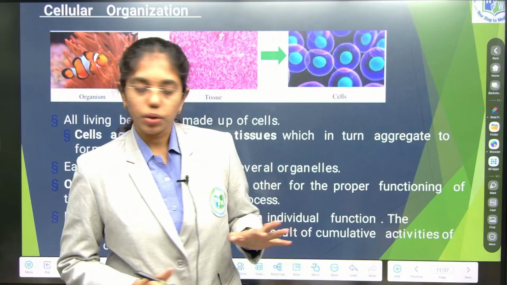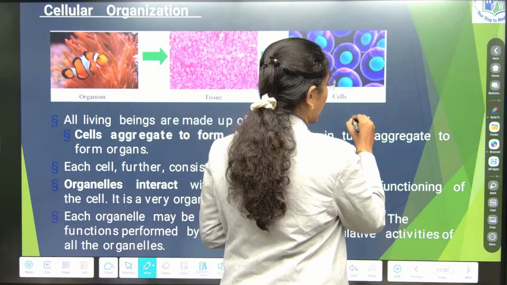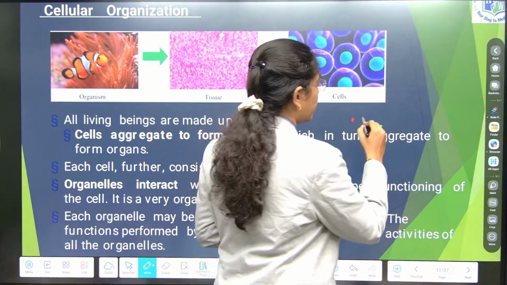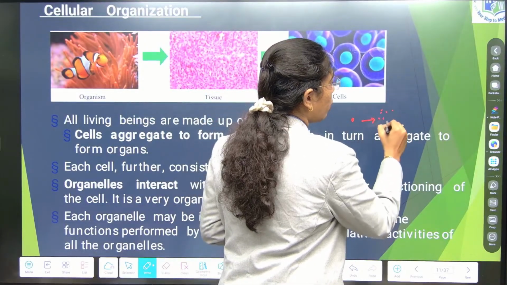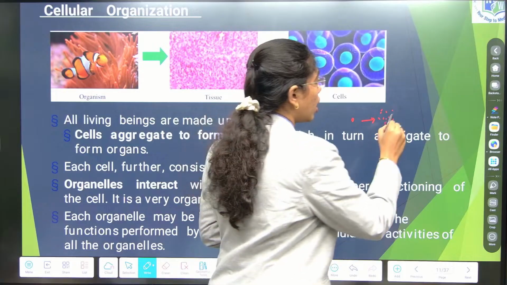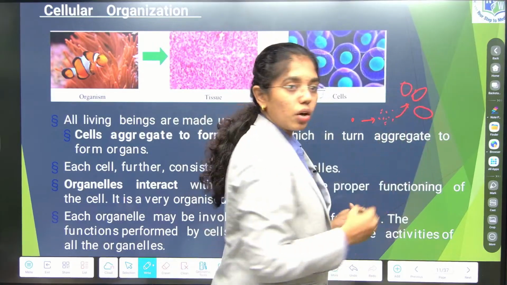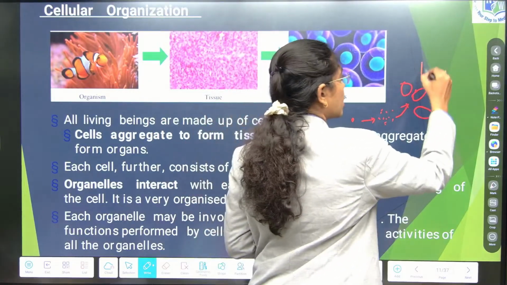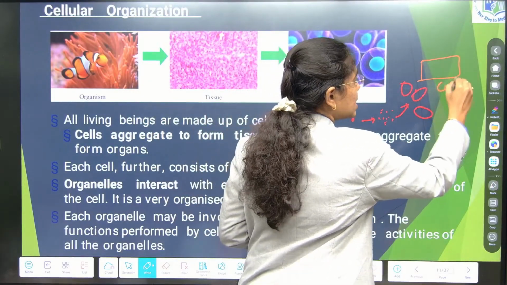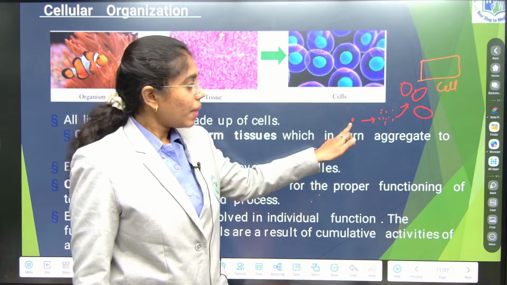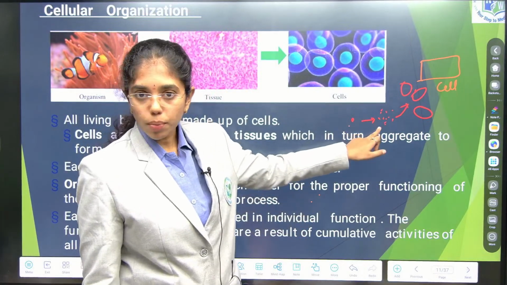Let me recall. If you see an atom, single atoms will pile up into a molecule. Molecules will pile up forming some cell organelles. Different cell organelles will group up to form a cell. An atom has no identity until it forms a molecule.